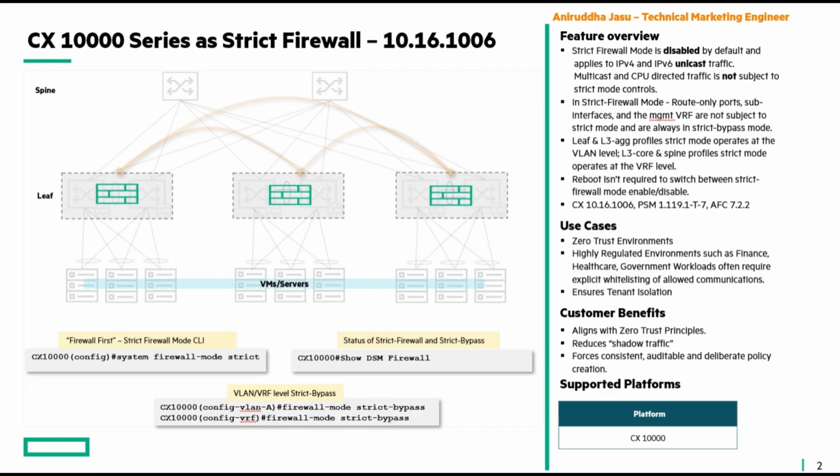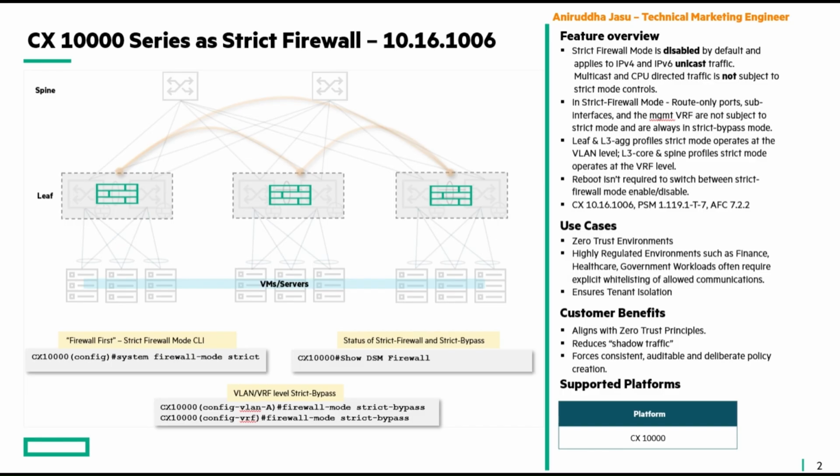The routing protocols working on the switch environment wouldn't get affected, and whatever is destined to the switch wouldn't be part of the entire strict mode control. It's just the traffic which is passing through, switched, routed, that we are keeping in the strict firewall mode scenario. So multicast and CPU based are not.